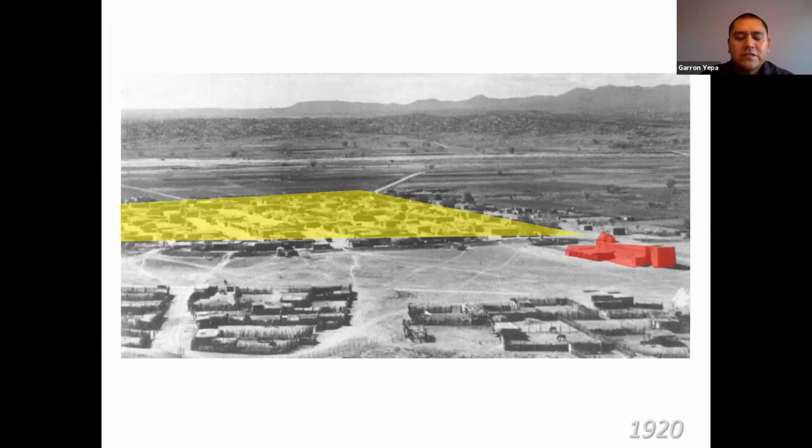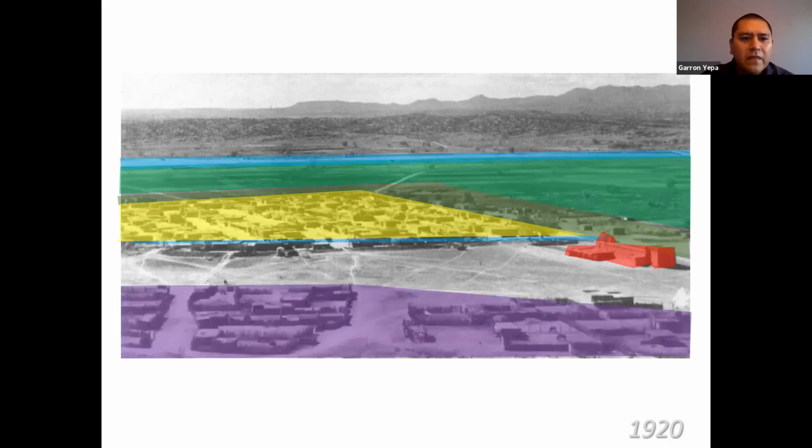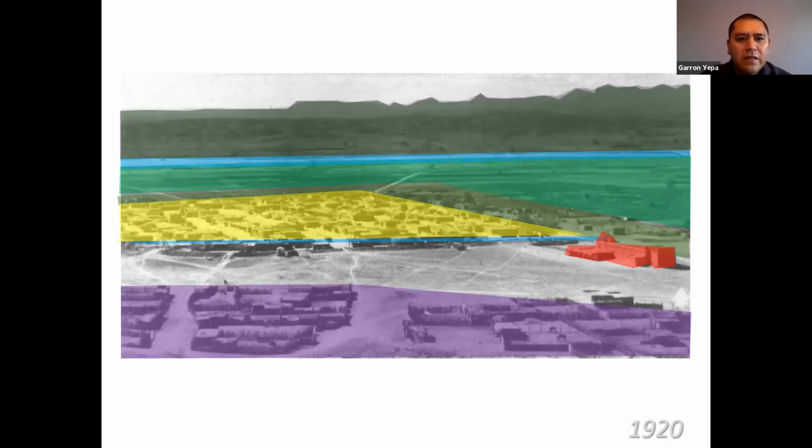Of course, the church is now a part of the landscape. So day houses or spaces to go have lunch when you're attending your fields, which are surrounding the community. Of course, water is very important, and then livestock, and of course your horizon.